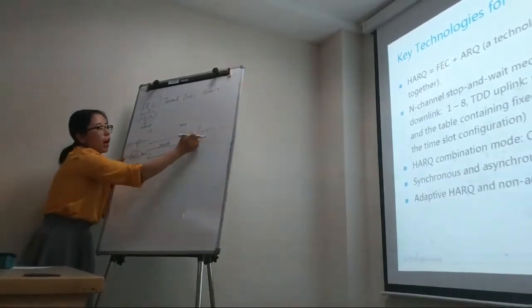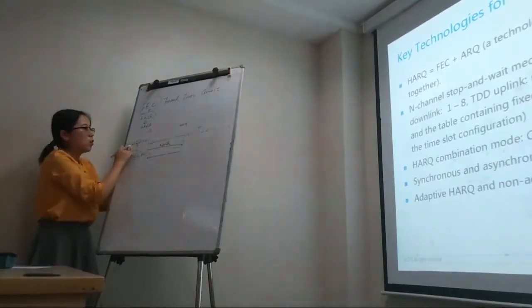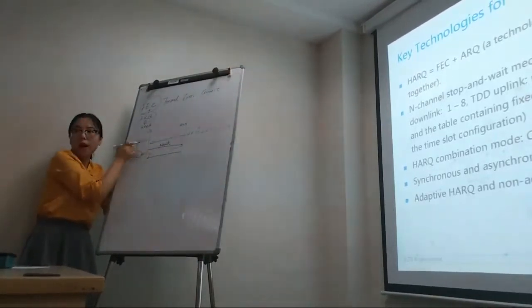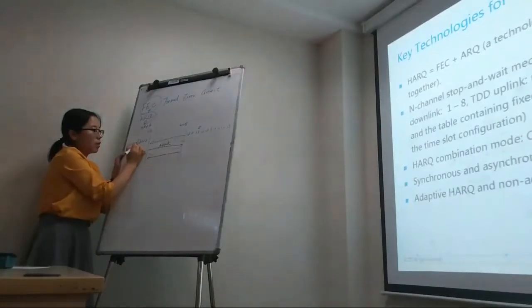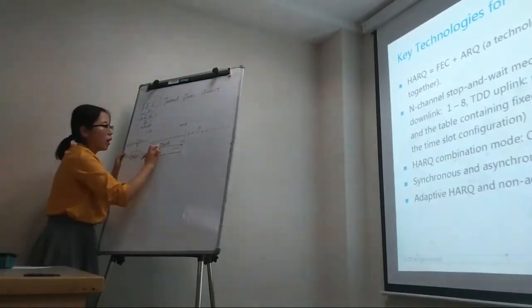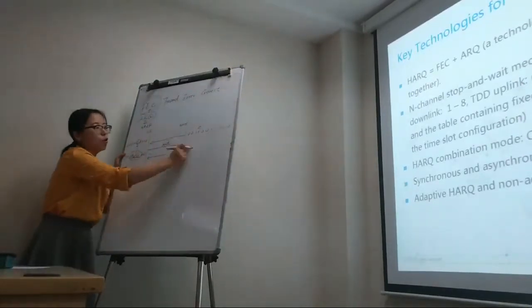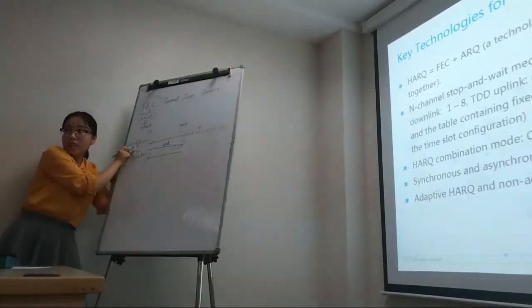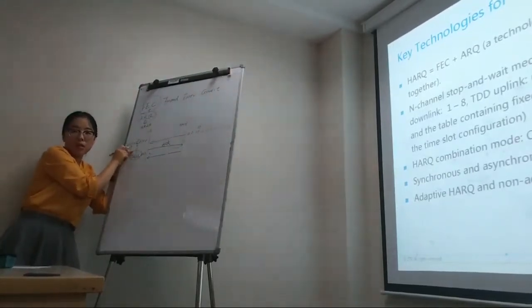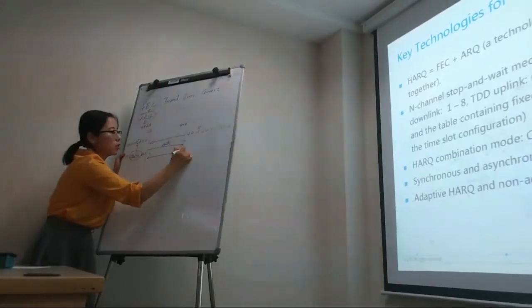I transmit this bit stream, and I receive it with a small error. I can correct it by myself and get the right one. I feedback an ACK, so you know I received it correctly, and you send new data 2.